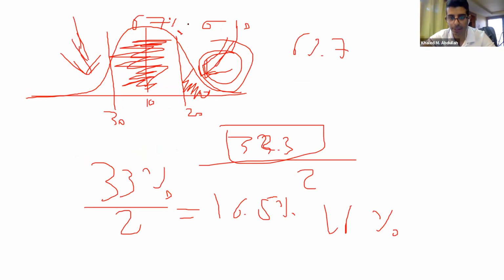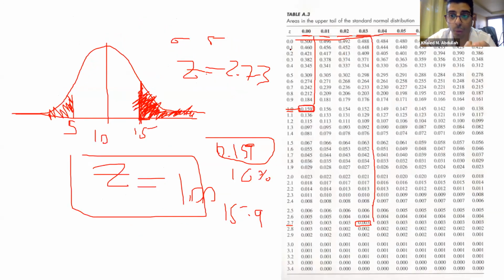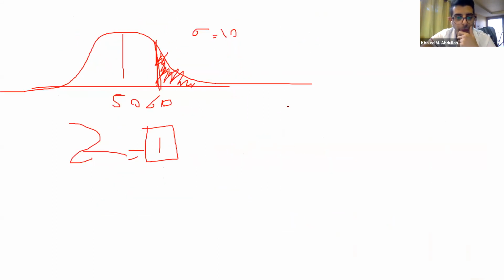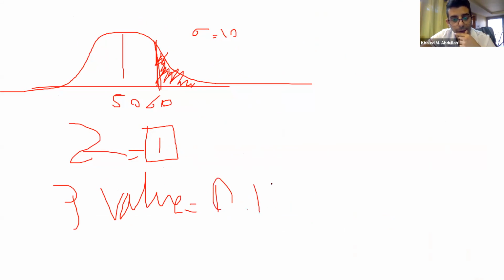It should be the same as the value we got here, since this is practically also one standard deviation and we're finding everything beyond it. So if we go to the z table, if we check 1.0, we'll get 0.159. So z is giving me a p-value. I'm introducing this concept to you, a p-value, a probability of 0.159.